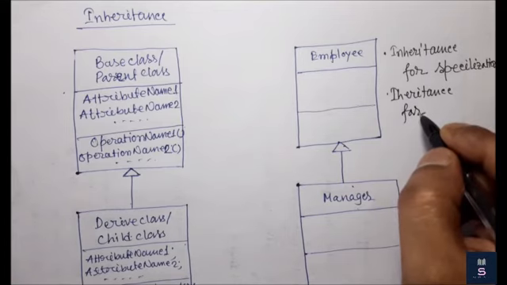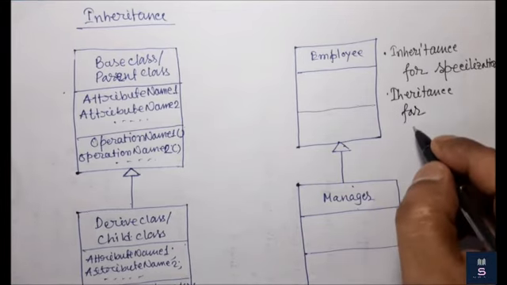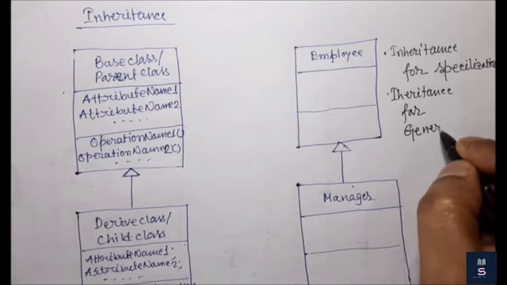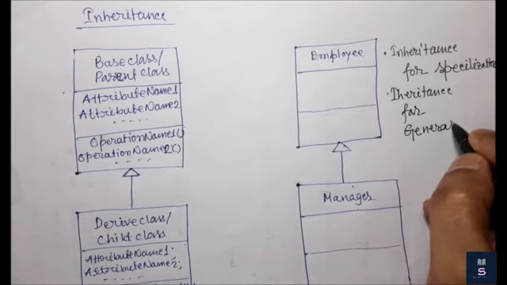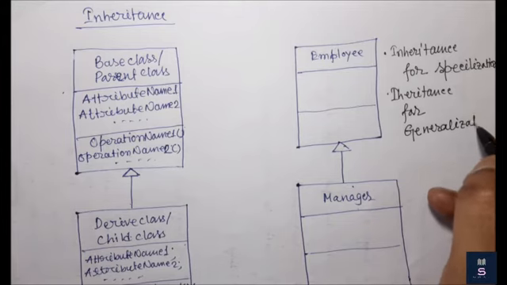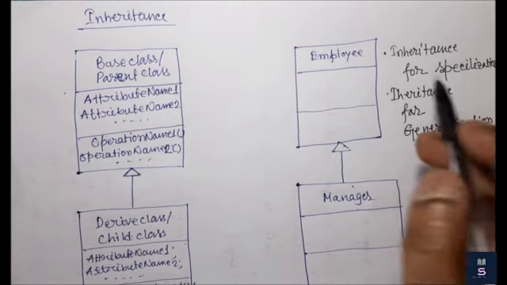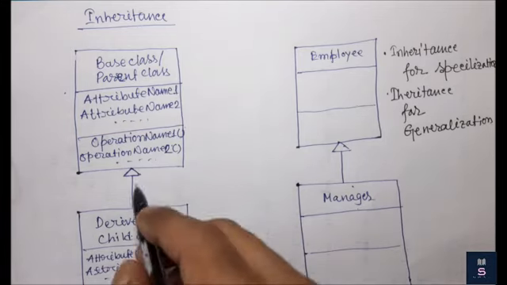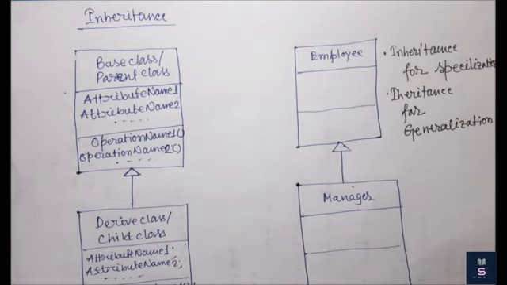And the second thing is inheritance for generalization. One of the important things is inheritance for specialization and inheritance for generalization. You can think of it like this.